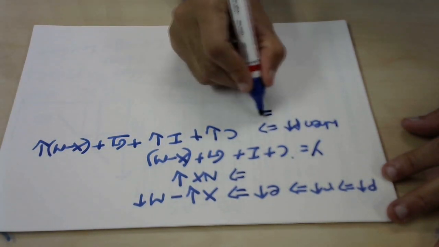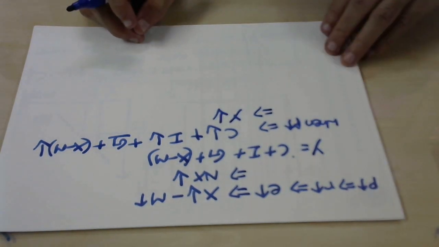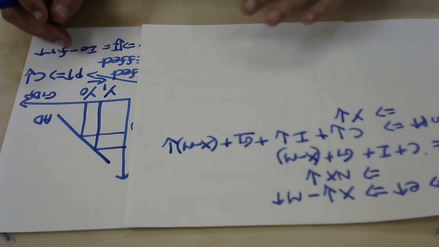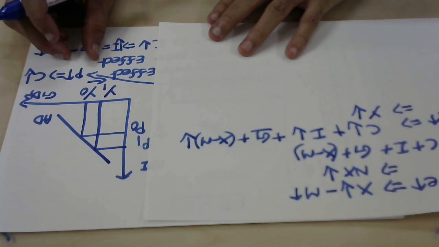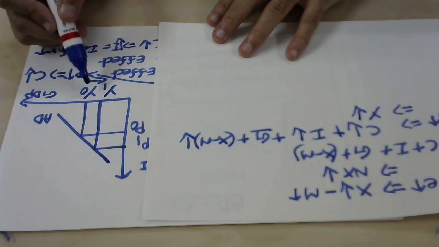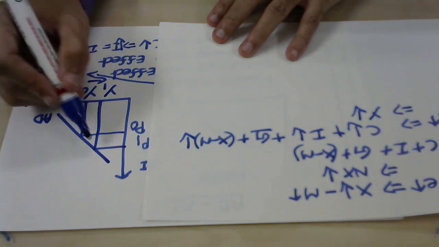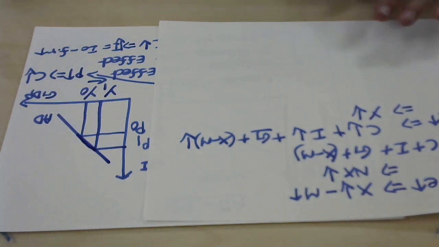So the net impact is Y will fall. If I see my previous diagram, when price level goes up from P0 to P1, output will fall from Y0 to Y1. So we have a negative slope of the aggregate demand curve.